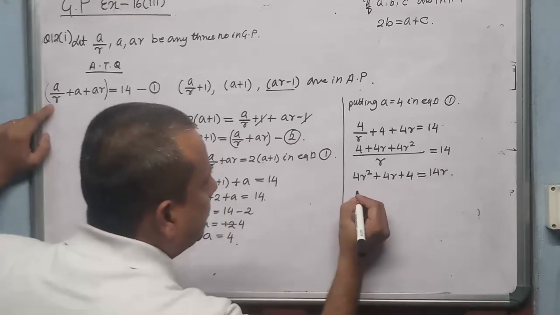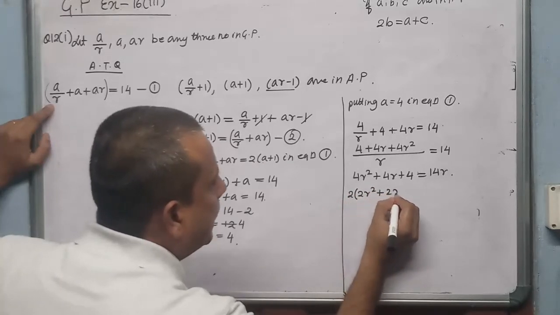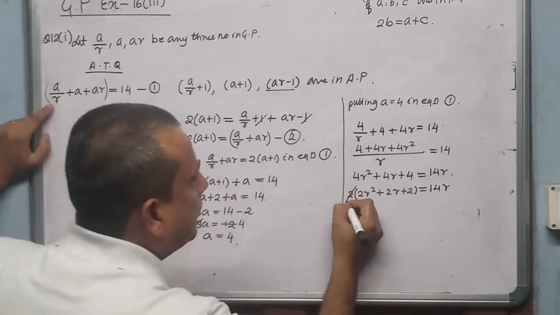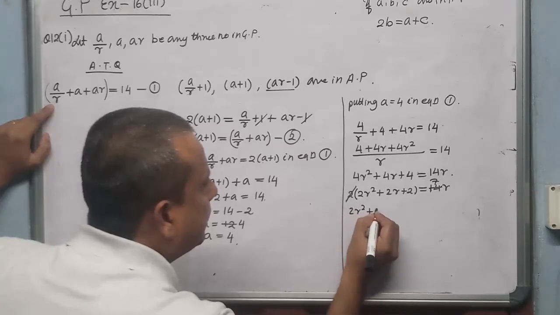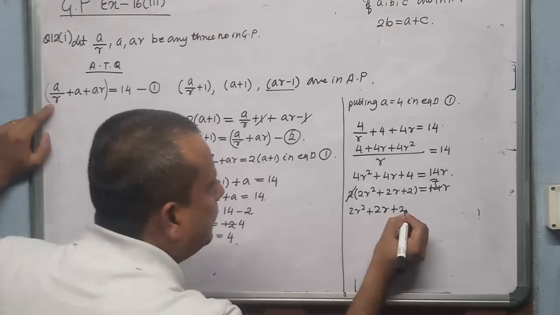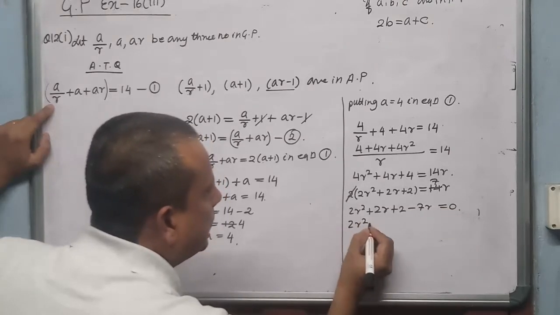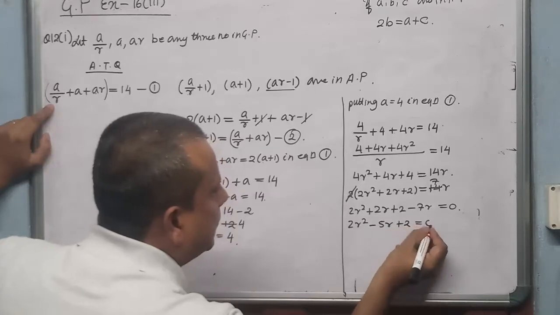Now you can take 2 common over here. 2R squared plus 2R plus 2 equals 14R. So that 2 7s are 14. Now the 7R I'll bring from the left-hand side to the right-hand side: plus 2 minus 7R equals 0. Then 2R squared minus 5R plus 2 equals 0.